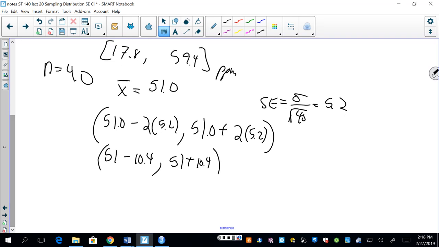So it's narrower, not totally narrow. So that's 40.6, hard to know. So that would be my 95% confidence interval. It still covers the 42. It's a little bit shifted off, just by random chance. Every once in a while you'll get something that's a little bit off, but it still covers.